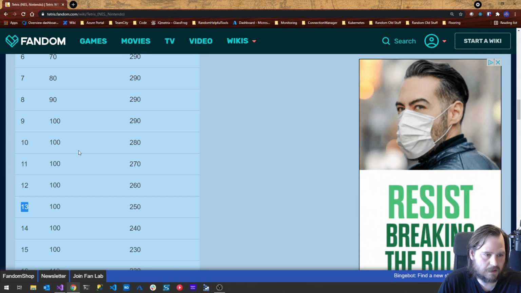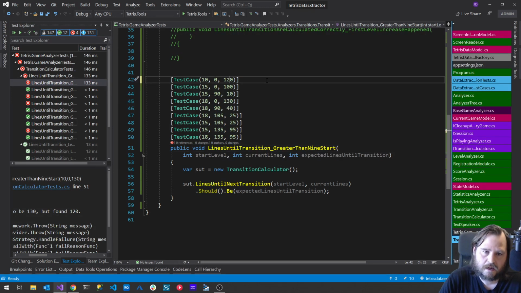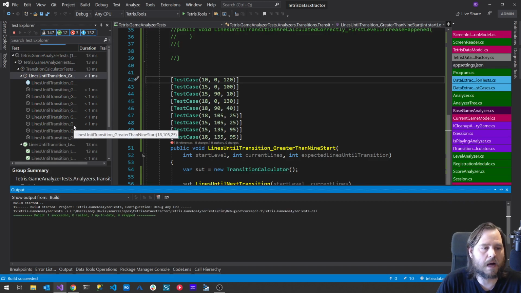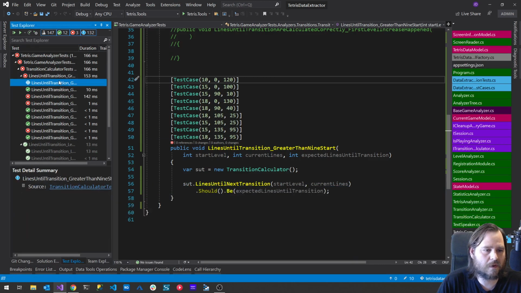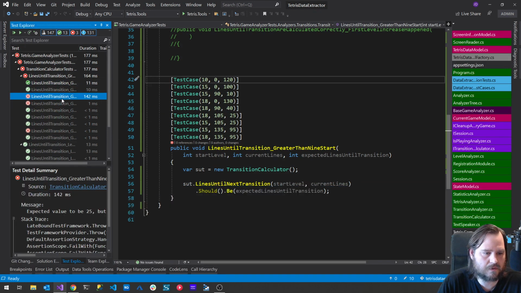Did I do that right? I think that's right. I think this is actually this. So I think in that case, my data was wrong. Why doesn't this run? So now I've got 3 errors.